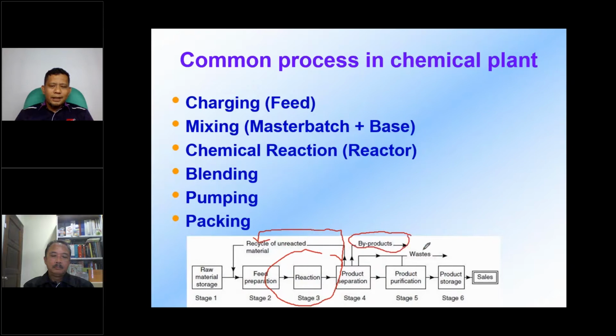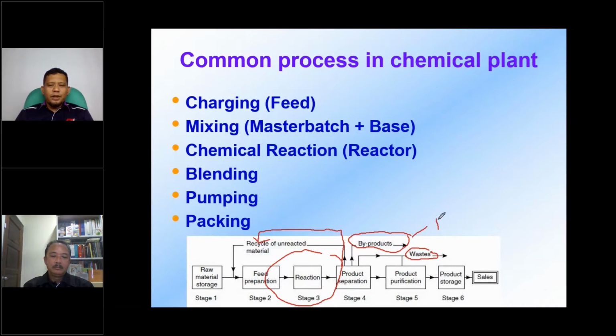byproduct and product waste. Byproduct is basically for you to sell at a premium price. Some of the product maybe you have to send to a special process. We call it rework.